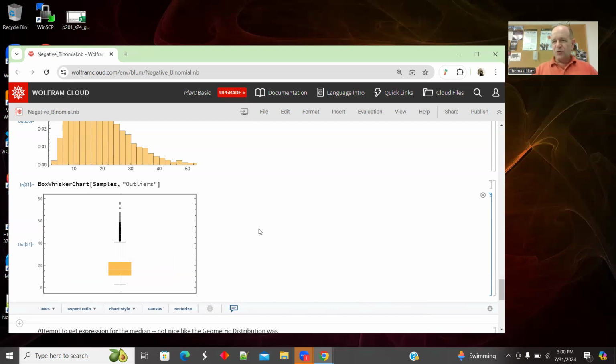A normal distribution goes off like exponential of minus x squared. The geometric only goes off like 1 on x or something. So it has a fatter tail, and so more outliers. So we see here the outliers.